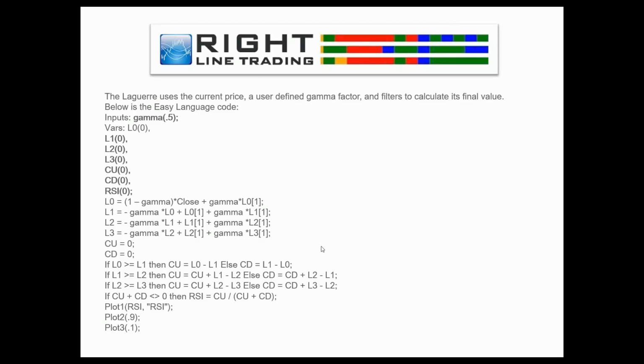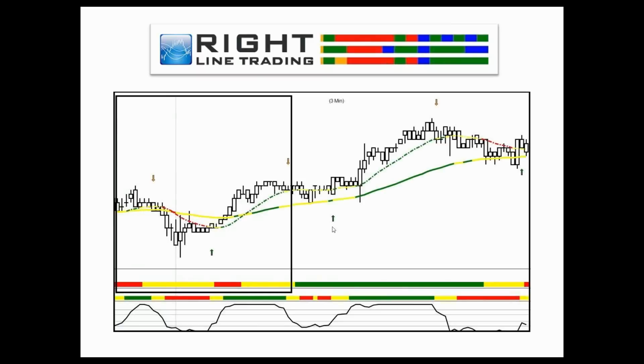Now, this is the Laguerre, and forget all this coding. It's much more complex than any other oscillator. It has a default gamma, all of these smoothing parameters. We've modified this all. And here's the only point that I want to make.